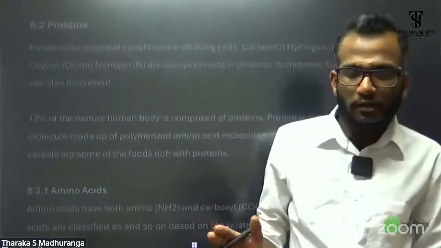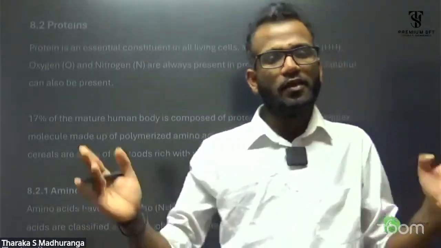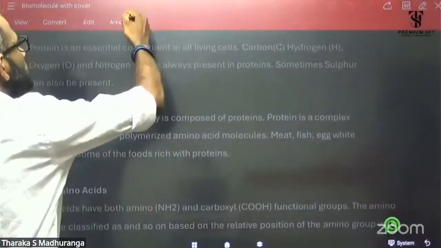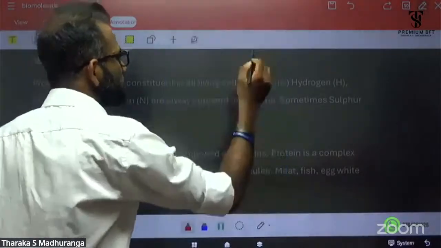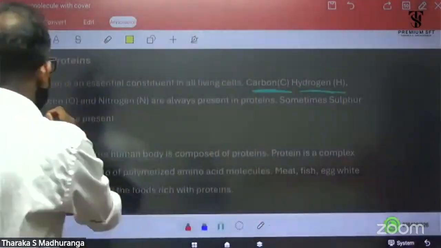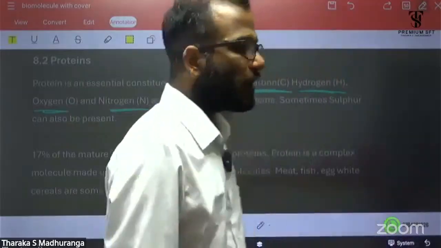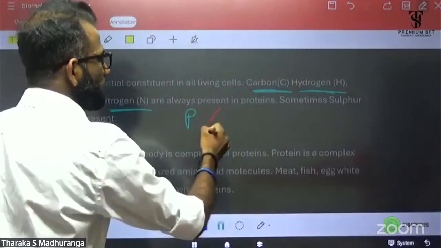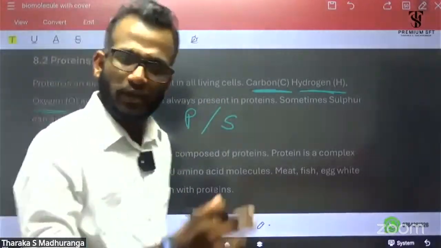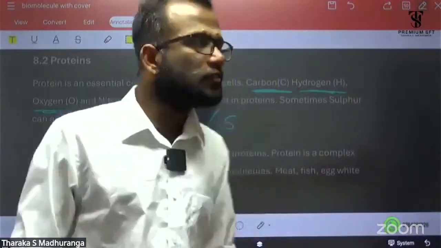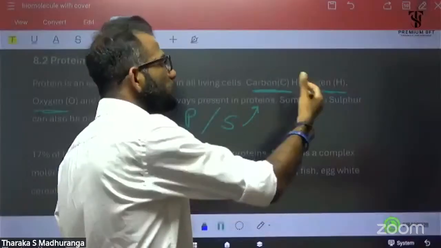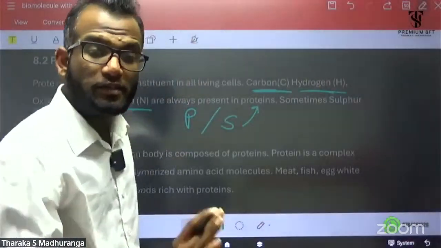I told you the main characteristic of carbohydrate is that they only contain carbon, hydrogen, and oxygen, right? But the main characteristic of protein is that they contain carbon, hydrogen, oxygen plus additionally nitrogen. Phosphorus and sulfur are very rare and very rarely available. Sulfur is sometimes present as well, but it is not compulsory.